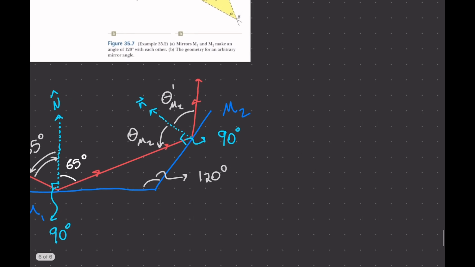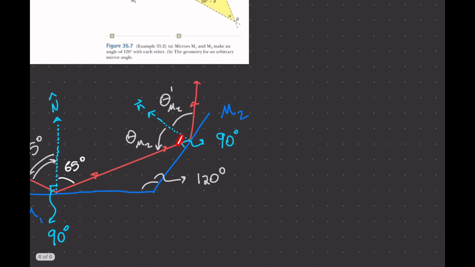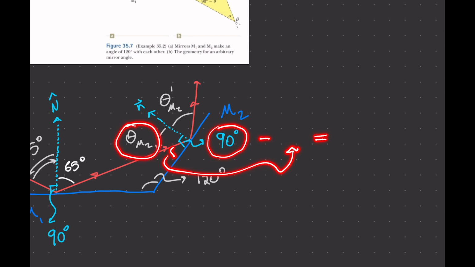Now, take a look at this. If we zoom in over here and we see that this is 90 degrees and this is the angle we're looking for, theta m2, then 90 degrees minus this angle here, right? We have this angle from the normal to the light ray, and we have this angle from the mirror to the light ray. We don't know this angle either, but if we did know it, we could literally just take 90, subtract that angle that we find here, and the answer that we would get is this.